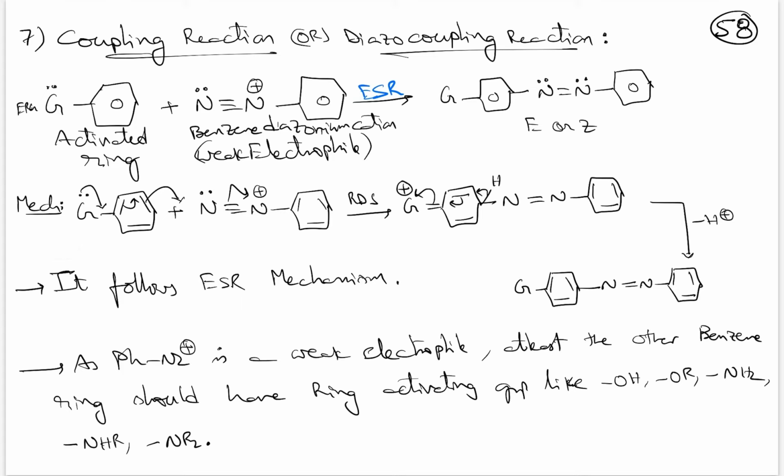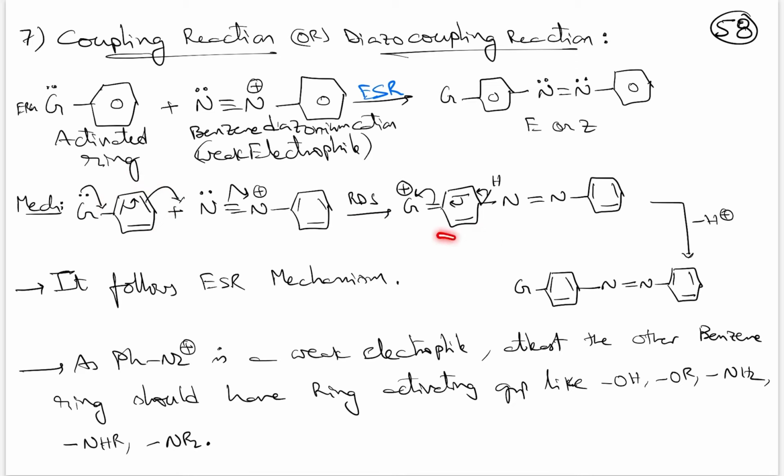Then the mechanism I have also given. You see, when an electron releasing group is present, on donating its lone pair, the pi bond will shift here, so that this pi bond can be donated to the electron deficient nitrogen when this pi bond is shifting onto N plus. And this is the RDS step, because the benzene is losing its aromatic character.